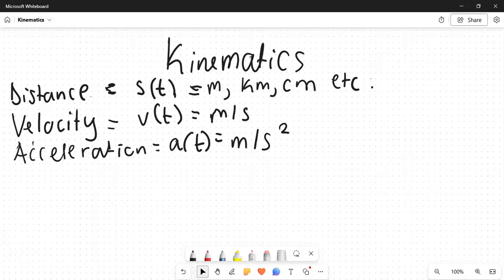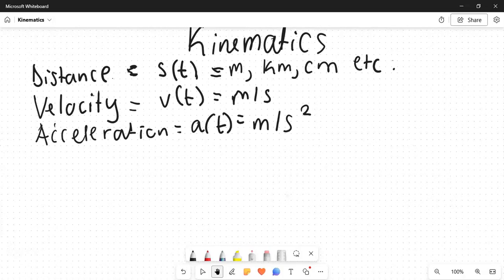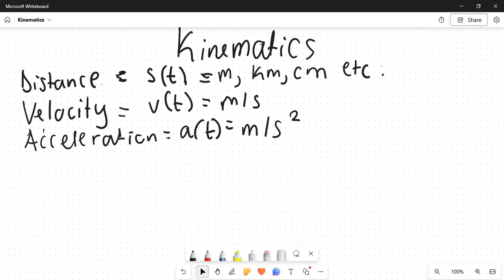And if you're moving from velocity and you want to find the acceleration, the derivative or differentiation of velocity is what you get for acceleration. Let me give you an example of a function equation, and we're going to find the derivatives to get the velocity and acceleration.